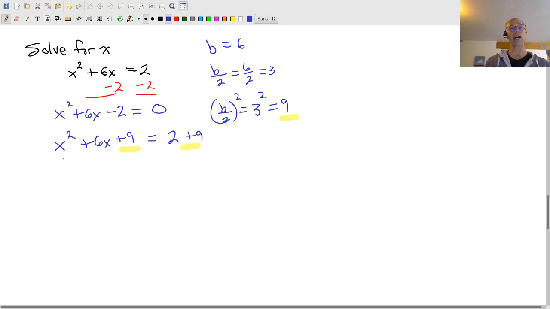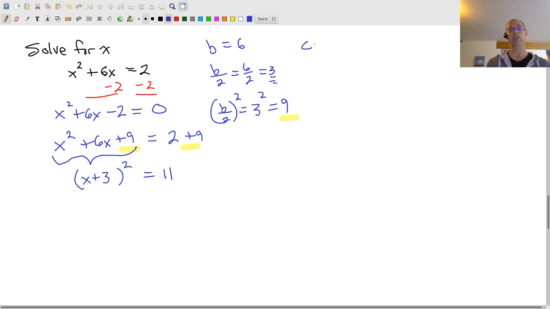Once I do that, this side right here is now a perfect square trinomial, which means it factors as x plus 3 times x plus 3, or x plus 3 squared. So here's that 3 right there. Now that's equal to 9 plus 2 on the other side, or 11. And if you want, you could double check.